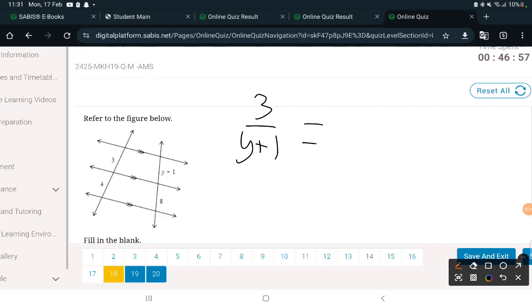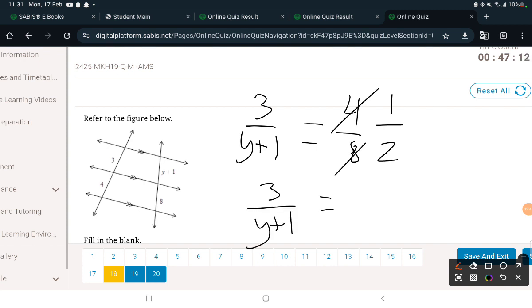3 over y plus 1 equals 4 over 8. We could simplify over here. Divide by 4, divide by 4. You'll have 1 over 2. So 3 over y plus 1 equals 1 over 2. Cross multiply. y plus 1 equals 6.